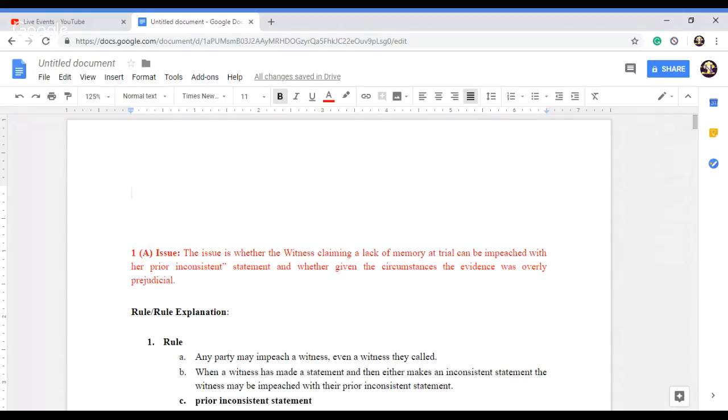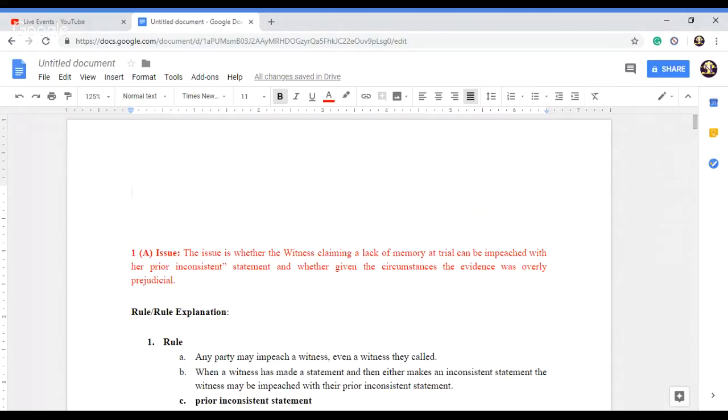For instance, we're going to have the probative value of why we're letting this particular evidence in. And as we can look back to subsequent remedial measures, if something is being let in as a subsequent remedial measure, it could be let in for something different, let's say for ownership or control. So if we're letting a subsequent remedial measure in for ownership or control, that's the probative value of why we're letting it in.